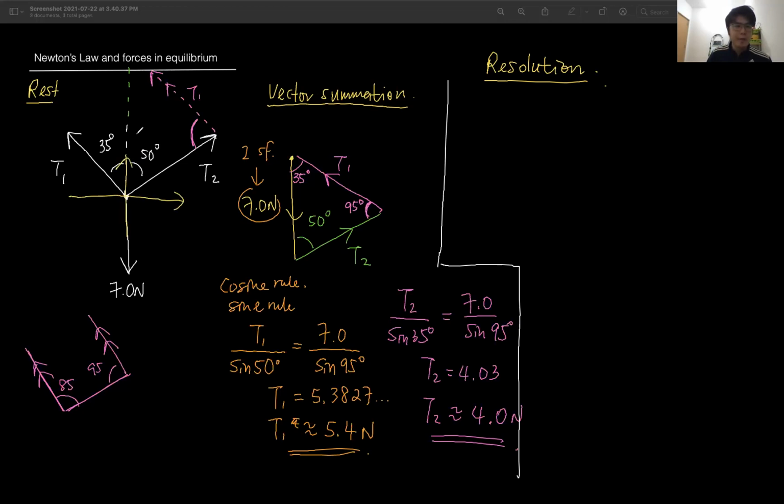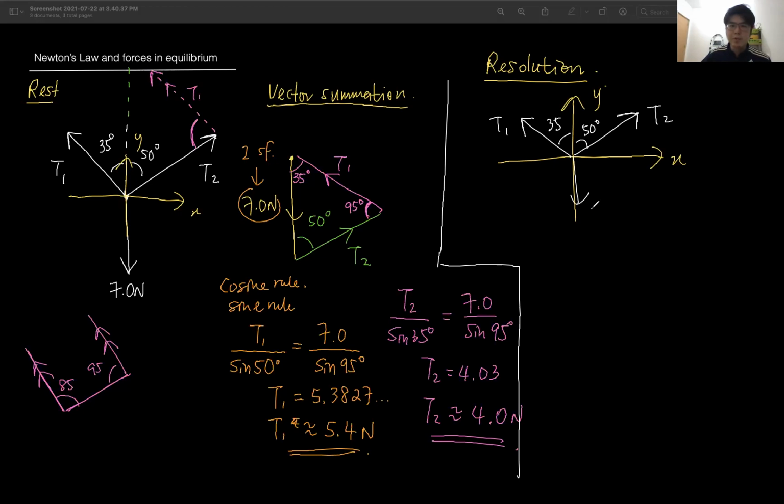So X, Y. Again, I'm not going to use this diagram, I'm drawing a new one. Draw the Cartesian plane, Y, X, and then I put the forces in. T2, 50, and T1, 35. And then we have mg, 7.0 here.